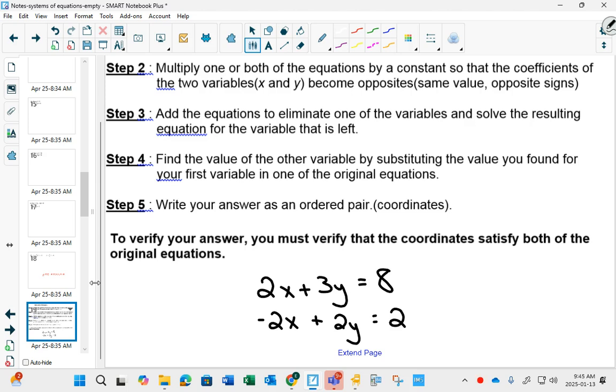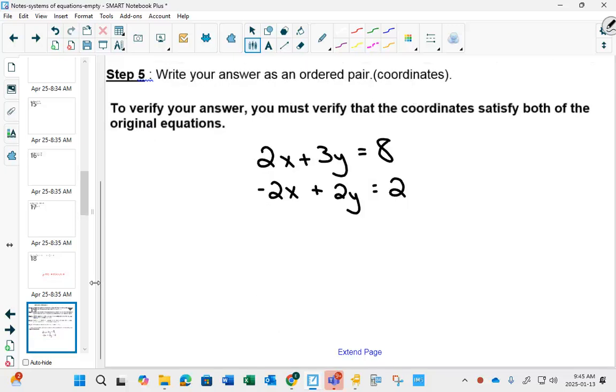So with the elimination method, what we do is we write the two equations so that we have our x's in the same column, our y's in the same column, and our numbers in the same column. It's really important that everything lines up.